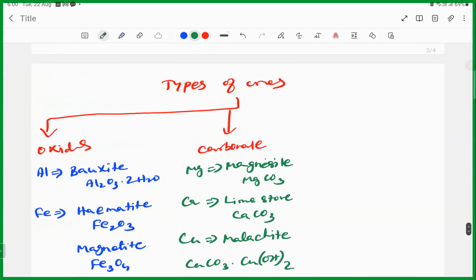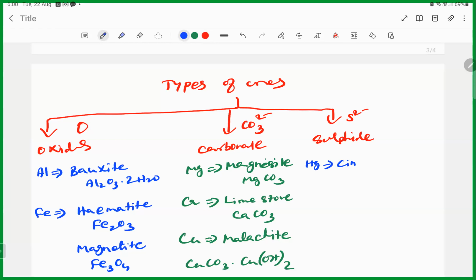And then sulfide ores. Oxide na oxygen, carbonate na carbonate, sulfide na S2. In these sulfide ores, first mercury, it's available as cinnabar.